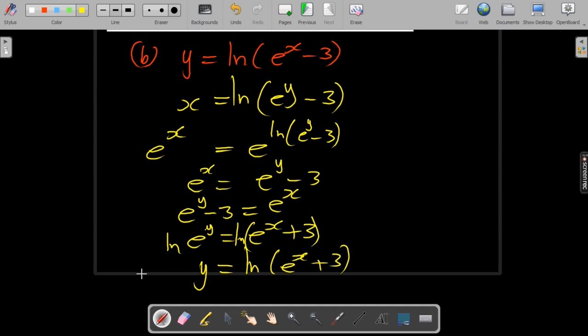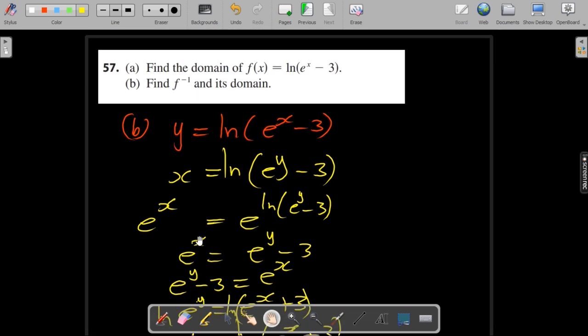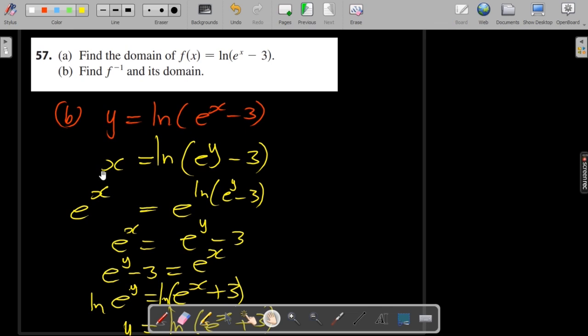And now we're also asked to find its domain. All right, and let's have a look at what the range of the original would be. So remember that when you move from an original function to its inverse, then the original range becomes the domain of the inverse and vice versa.